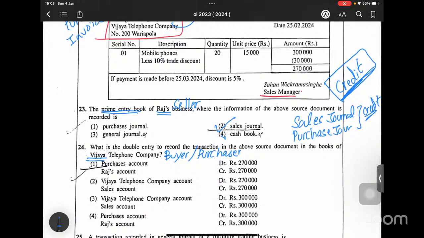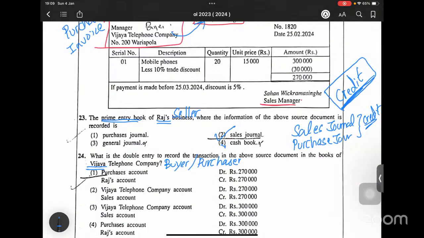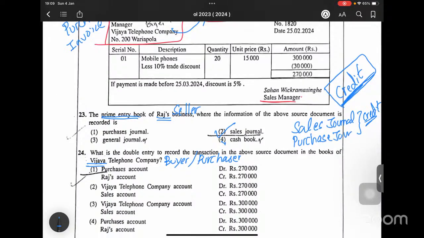He has bought mobile phones from Raj Traders. So how will the double entry be? Purchase account debit 270,000 and Raja's account credit 270,000. Okay, good.